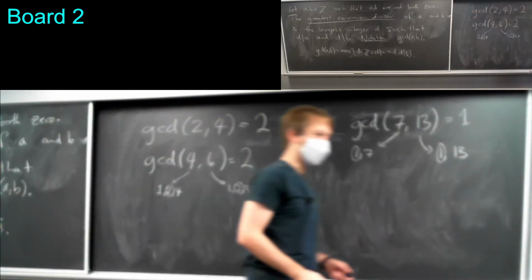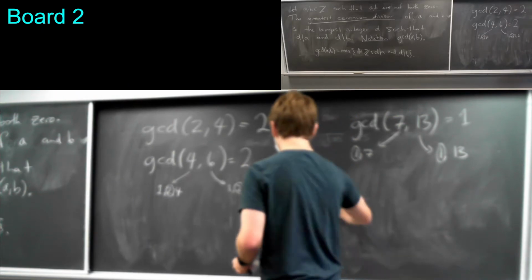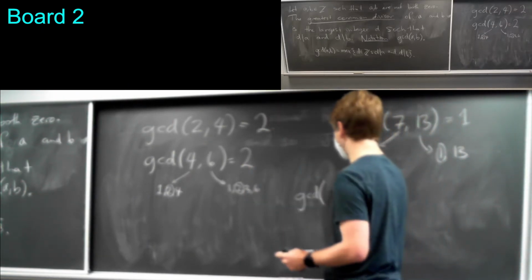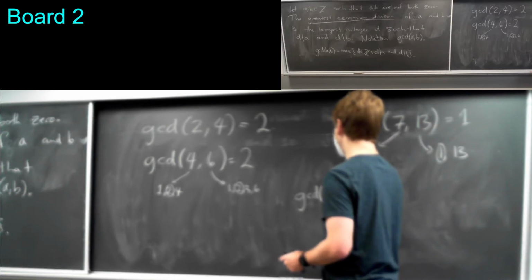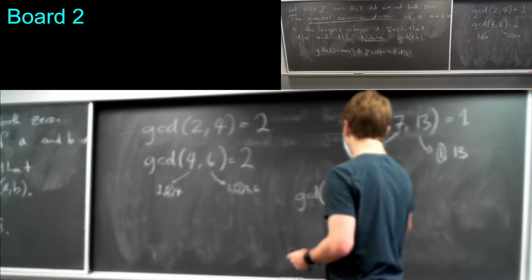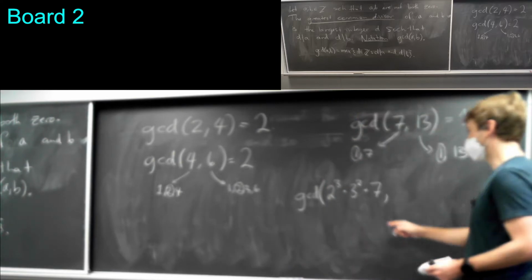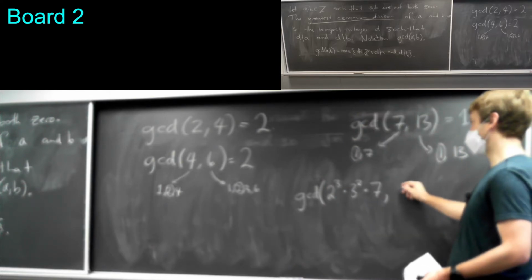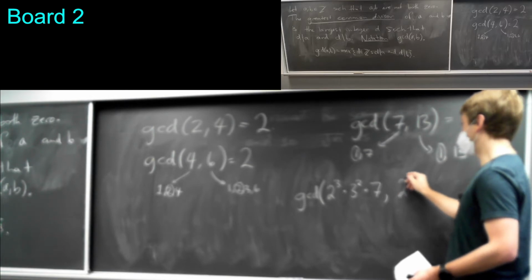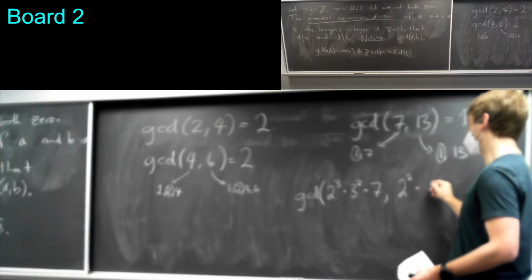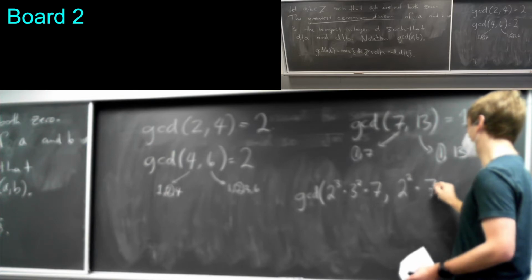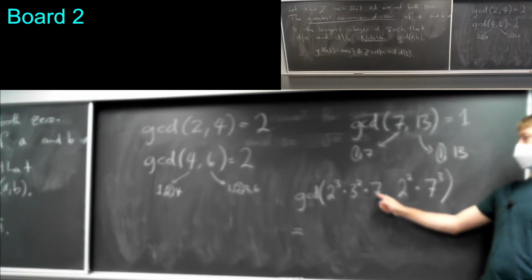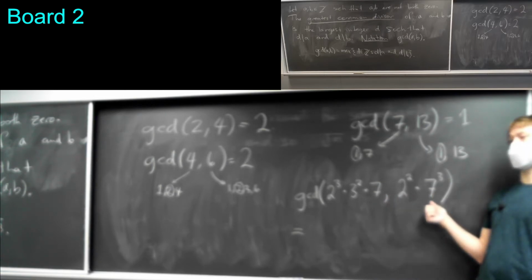Well, what if I take, and I'm going to write these numbers kind of weirdly, but it's going to illustrate something. Suppose I take 2 cubed times 3 squared times 7. I'm asking for the GCD of this number, which I don't even know what it is, but it's not going to matter much, and 2 squared times, let's say, 7 cubed. 7 is definitely a divisor, right? 7 goes into both of them because you can see it in the prime factorization.